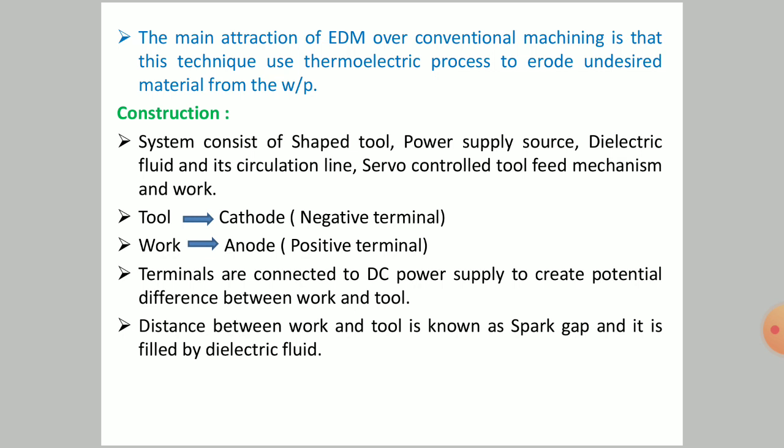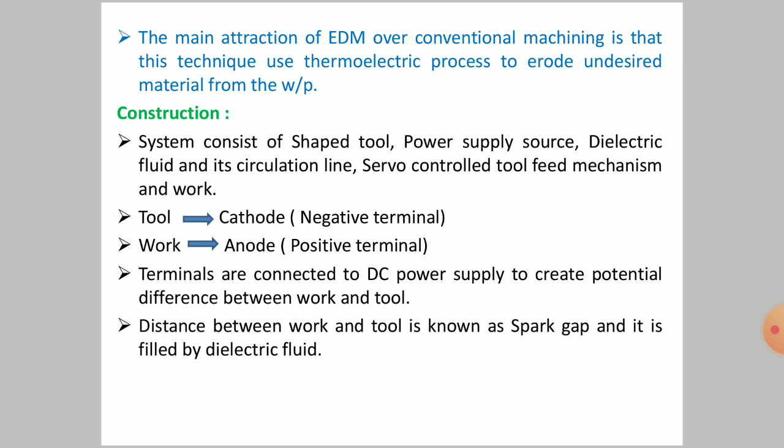Now we will see the constructional features of electro discharge machining. See, the system consists of a shaped tool, power supply source, dielectric fluid and its circulation line, servo controlled tool feed mechanism, and the workpiece, as we have seen in the previous picture.